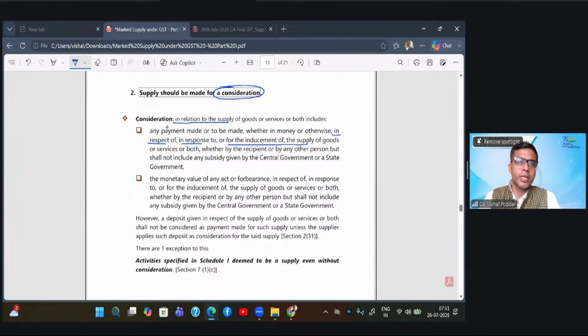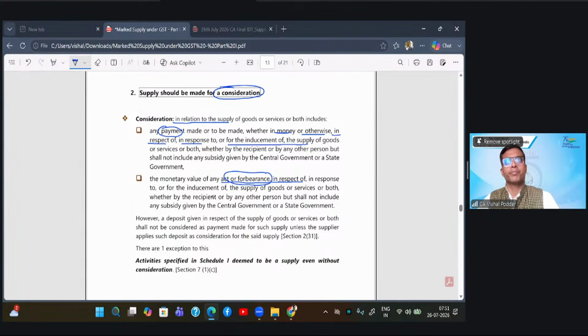Now this may be received in the form of a payment, which may be either in money or non-money form, like something in kind, or it may not be in the form of money, but it may be in the form of an act or forbearance. And again, this act or forbearance is done in respect of, in response to, etc. supply.